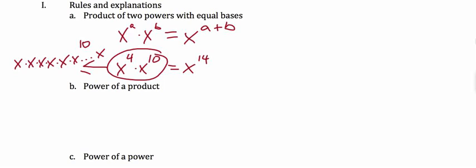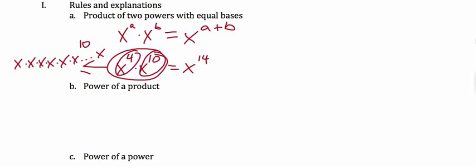Okay, so that's going to be a total of 14 x's, and they're all multiplied because x to the fourth, when I expand it, is multiplication, so is x to the 10th. So really, you're just adding those exponents because all you're really doing is counting how many x's you have there. So you're multiplying 4 x's times 10 x's. That means you have 14 x's. Okay?